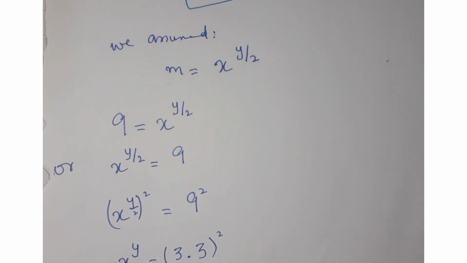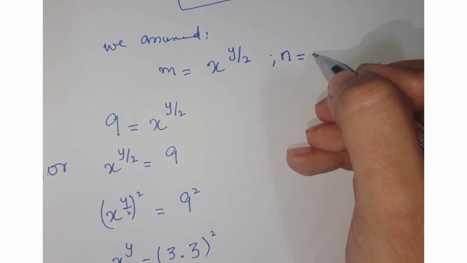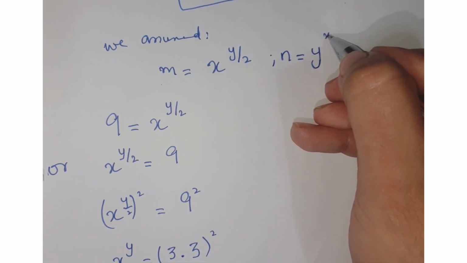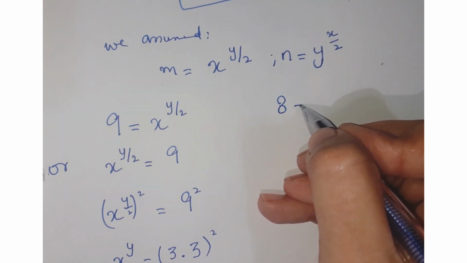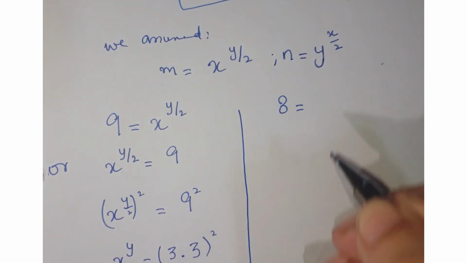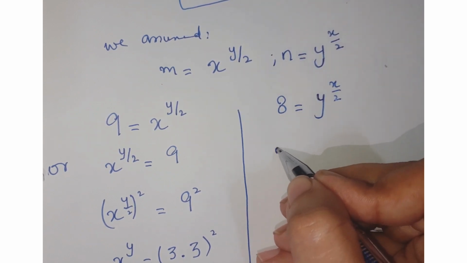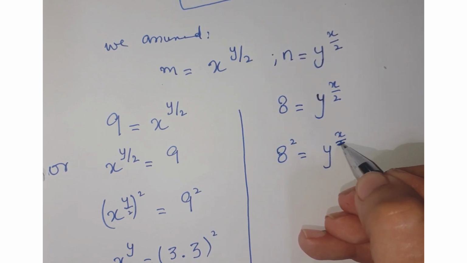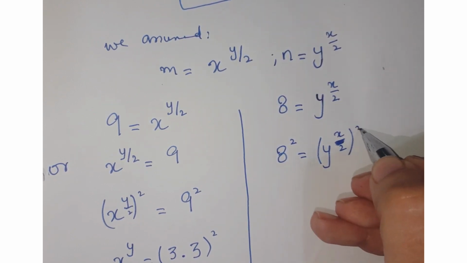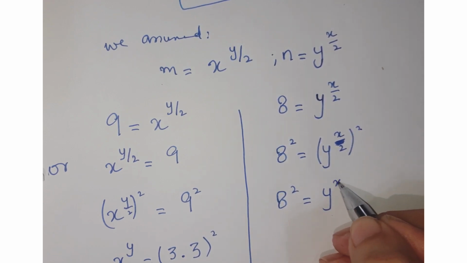Now similarly, we assumed that n is equal to y to the power x upon 2. Now put the value of n here, you get 8 is equal to y to the power x upon 2. Apply squaring on both sides, you get 8 square is equal to y to the power x.